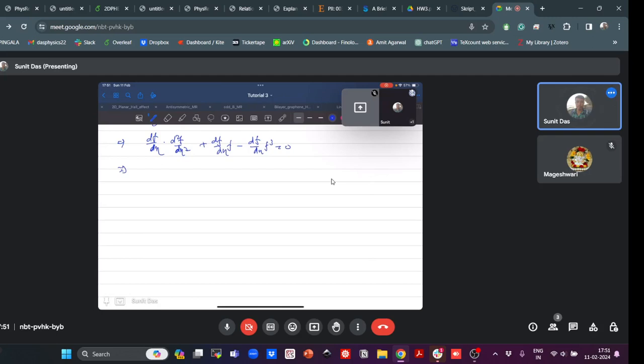So we can actually write this expression as half (df/dη)² plus f²/2 minus f⁴/4 equal to constant. So these two terms we can understand, right? f²/2 is coming essentially from the integration of df and f, right? And then df f³ is giving me f⁴/4.